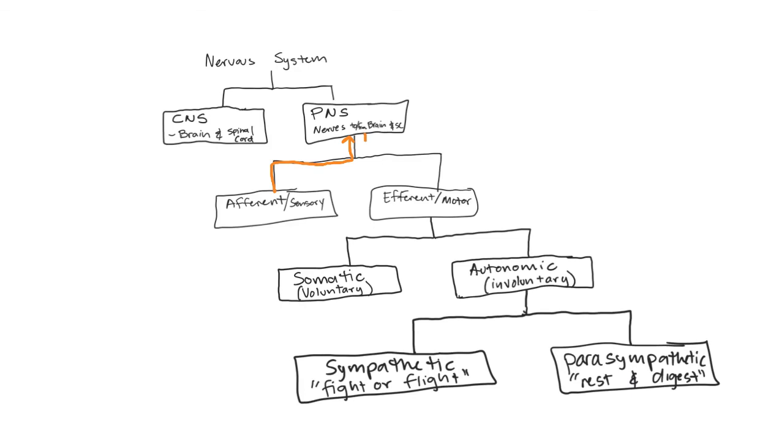Efferent is going to be coming away from that, in response to your sensory information. All right, that's all we'll add for now. But we'll refer back to this because we're going to go through all these different steps back and forth.